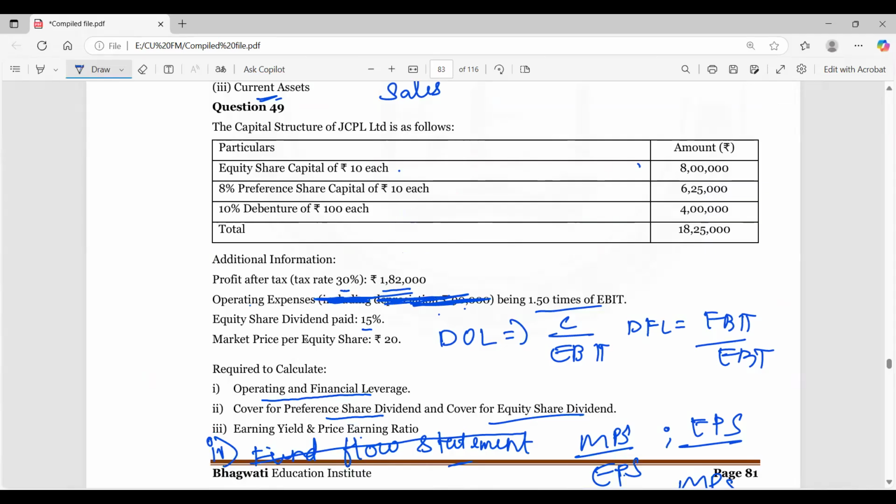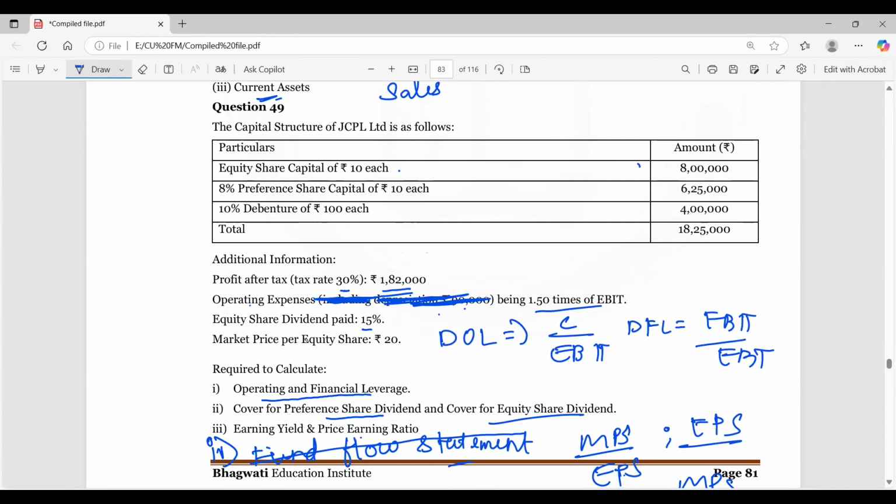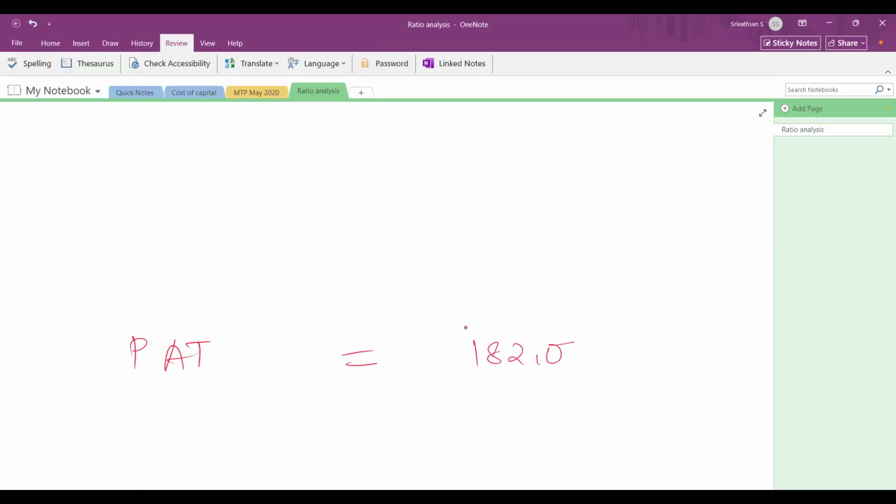So listen, we'll start from below. Profit after tax is equal to 1,82,000. Minus tax from PBT. So calculate the amount of PBT and tax.